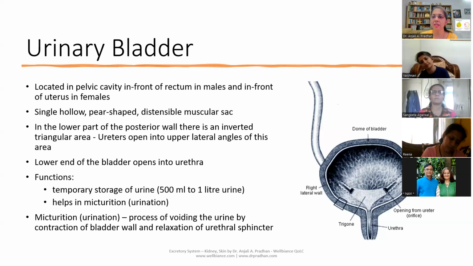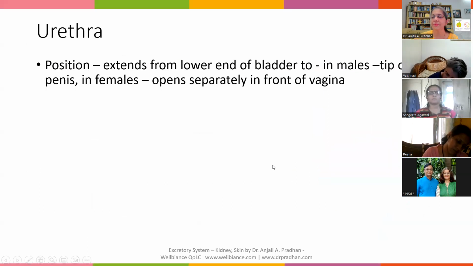But there is another sphincter which is present at the lower end of the urethra. It is called as the external urethral sphincter. It is under control of will. So it is supplied by sympathetic nerves. This urethra extends from lower end of the bladder.